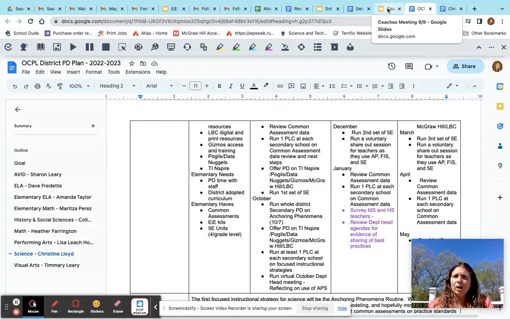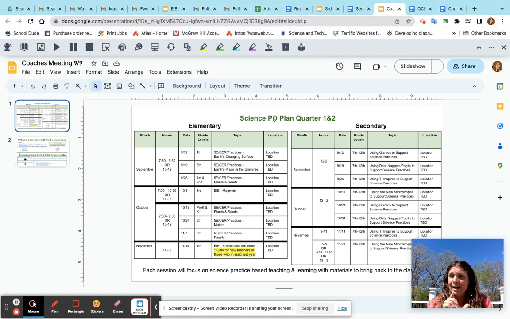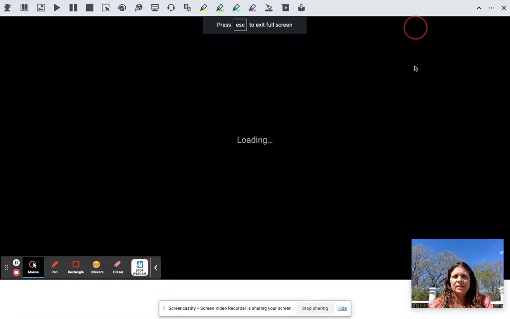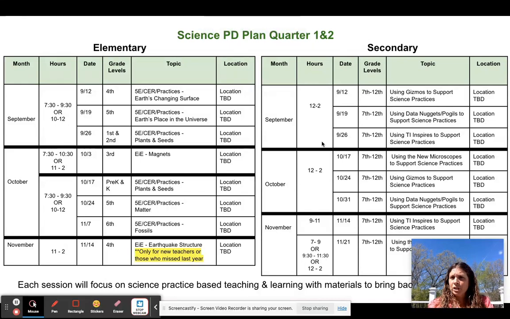From the larger district plan, we move into what I call the science plan. What I do is I give my coaches and my department heads this big picture. It says, here is where I am looking to pull your teachers from classes. Here is what we're going to focus on: the grade level, the time, and the location to be determined.